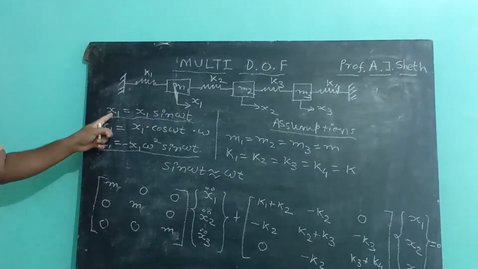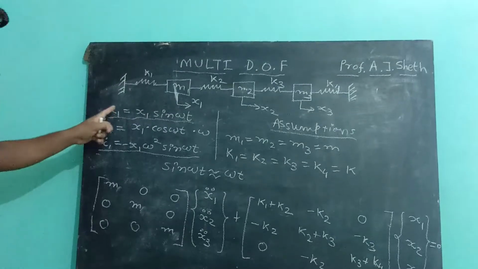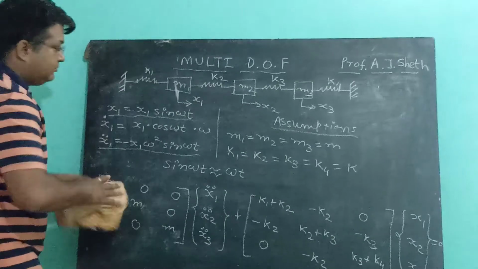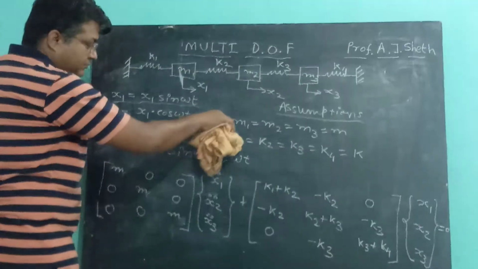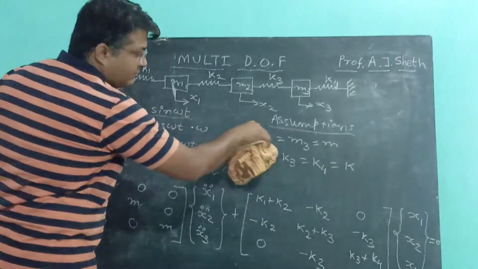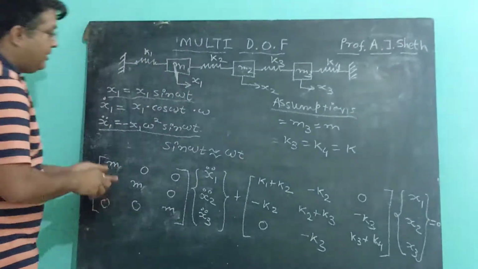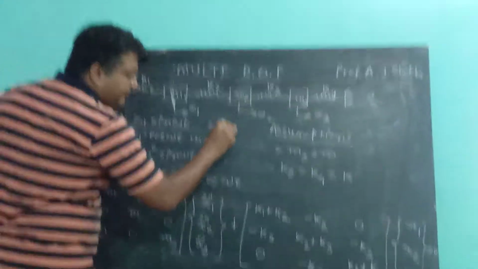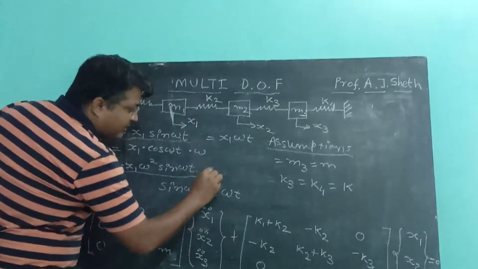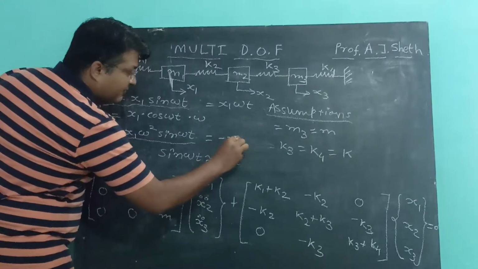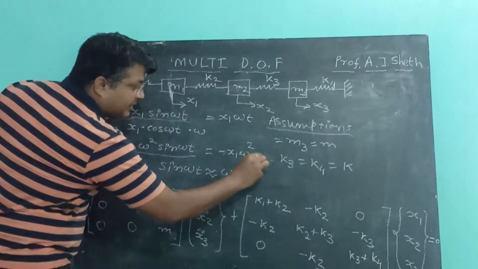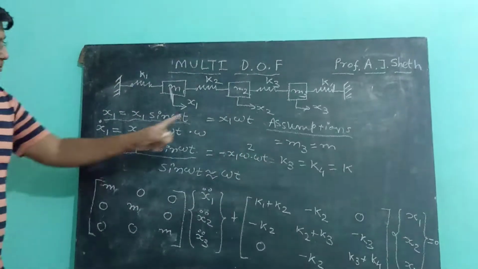So these equations become x1 equal to x1 omega t, and the acceleration is equal to minus x1 omega square into omega t.